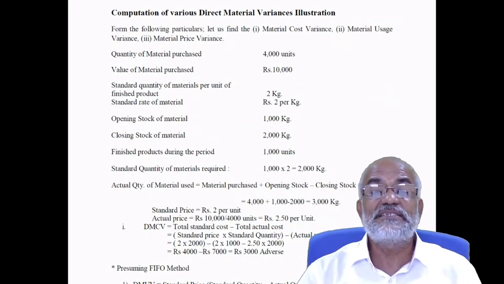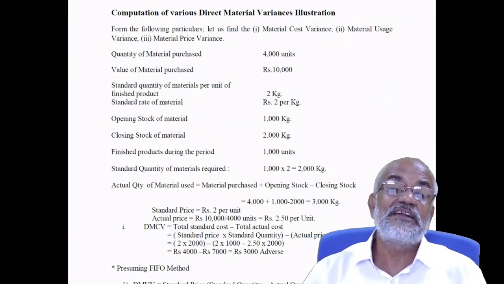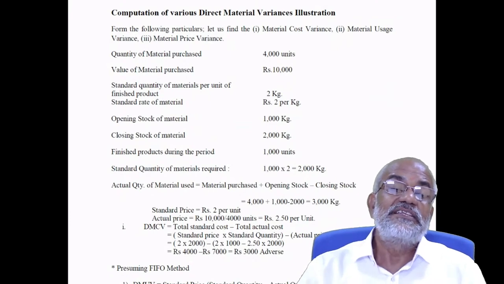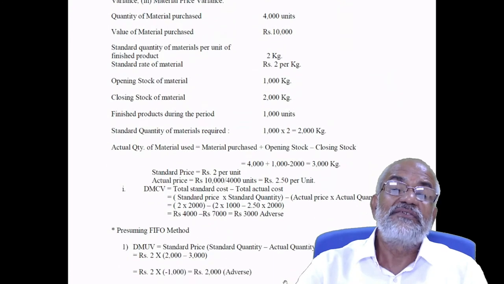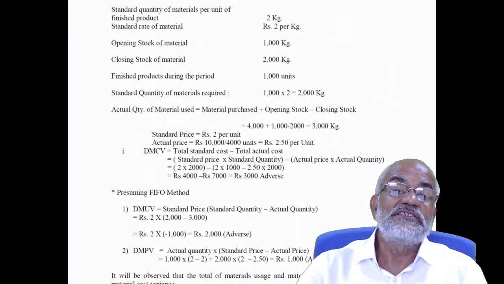So 4,000 minus 7,000 comes to 3,000 adverse. So here the direct material cost variance gives an adverse figure of rupees 3,000.